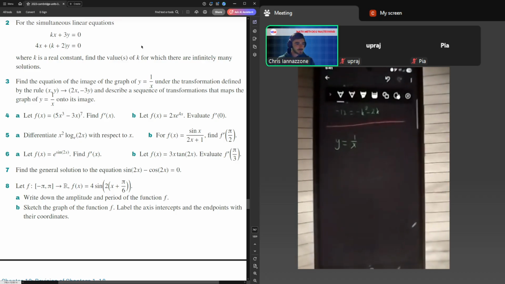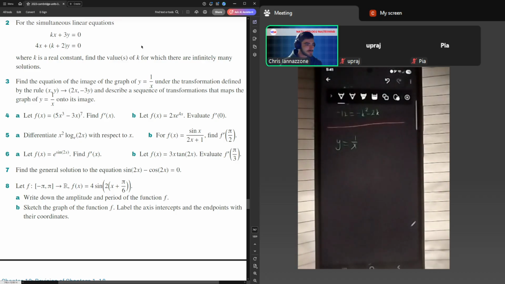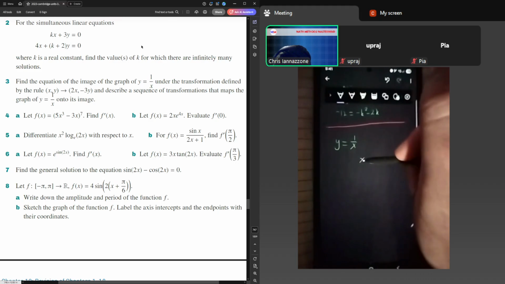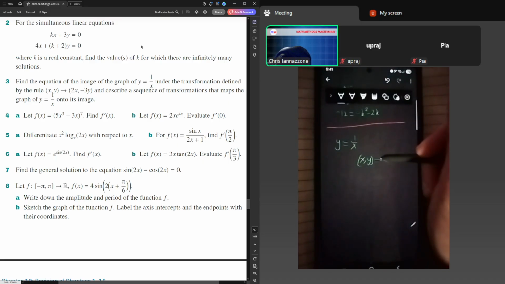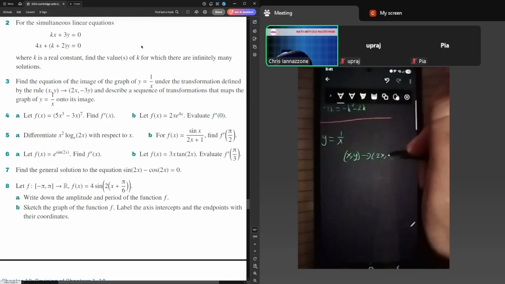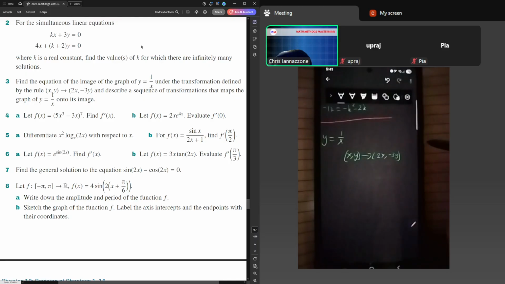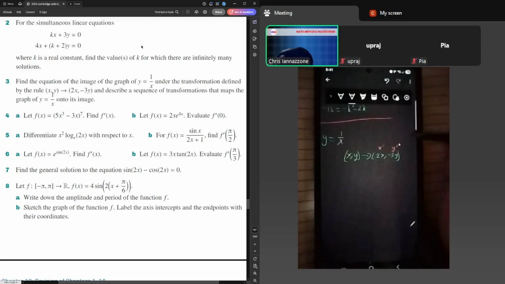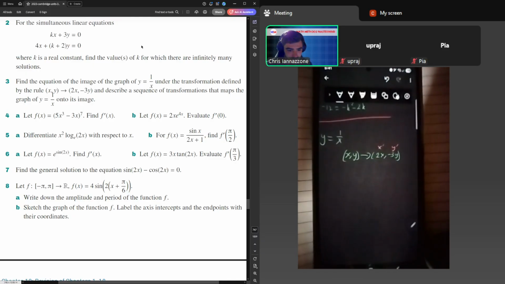No memory for x dash y dash or transformation stuff. Okay, so this statement here that I'll write out: x comma y maps to 2x comma negative 3y. The most natural way of solving this is to think about things in terms of x dash and y dash because it's already using that point form notation.